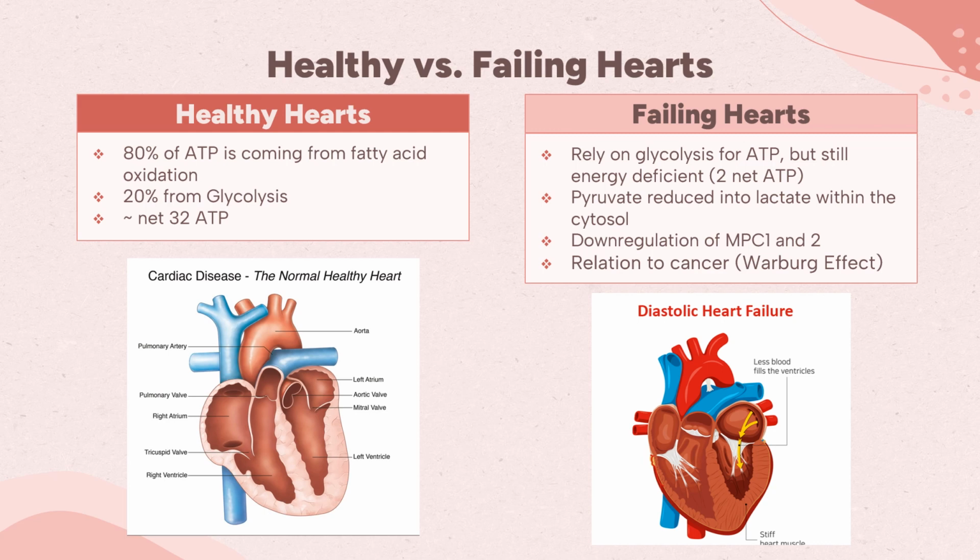According to the Warburg effect, which we talked about in class, cancer cells tend to transform glucose into lactate, and this is very similar to how the heart does once it becomes unhealthy. So both heart muscle cells and cancer cells exhibit limited mitochondrial oxidation, meaning that they are not using their MPC.